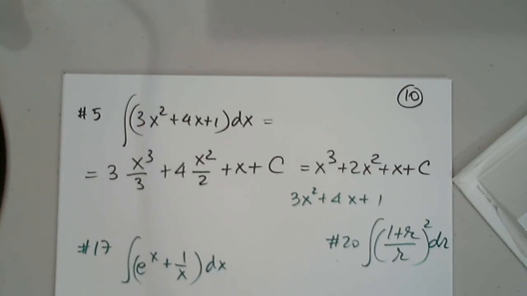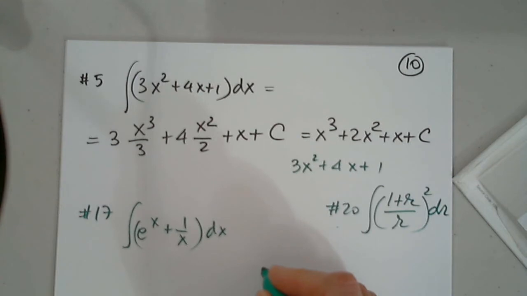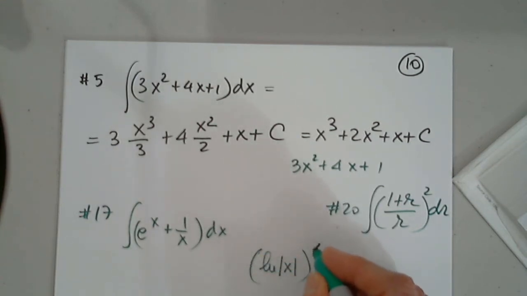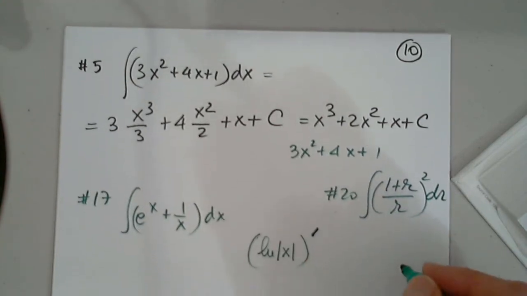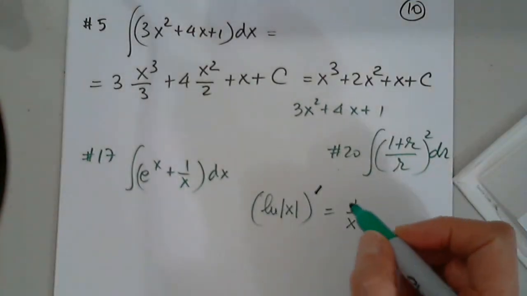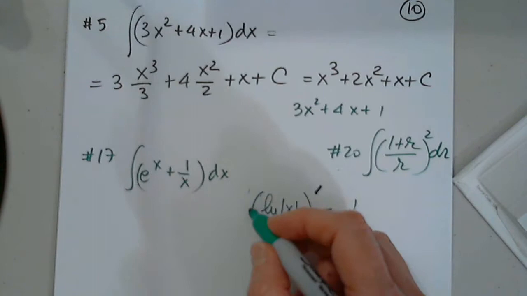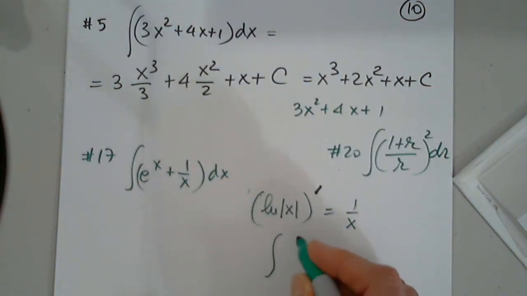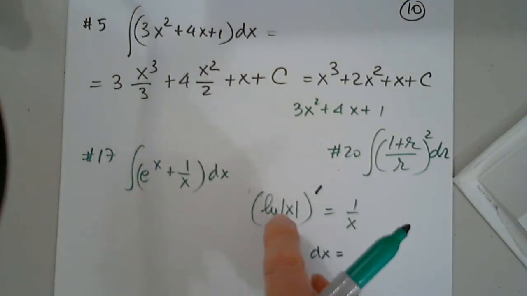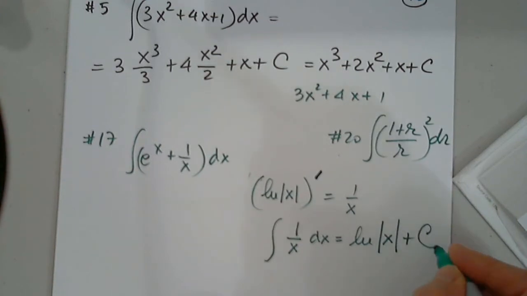Because of something we did in the past, when we looked at natural log of the absolute value of x, and we differentiated this, we got 1 over x. And at that time I said, when we apply the integral, which we didn't know at that time, to both sides, so if I'm asked to find the indefinite integral of 1 over x dx, I have to write this: natural log of the absolute value of x plus a constant c.